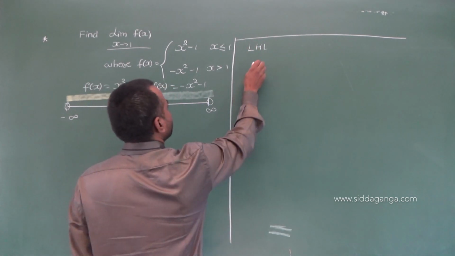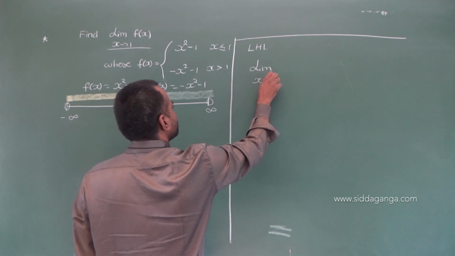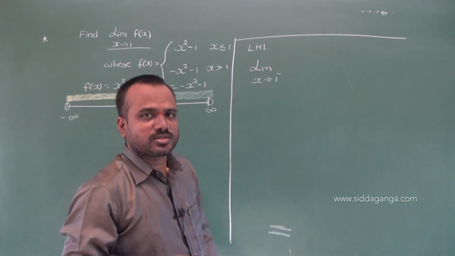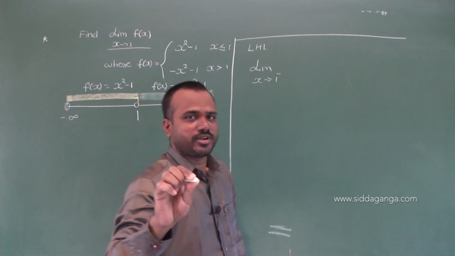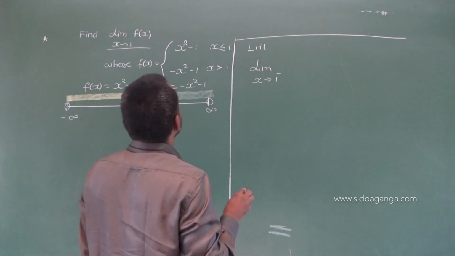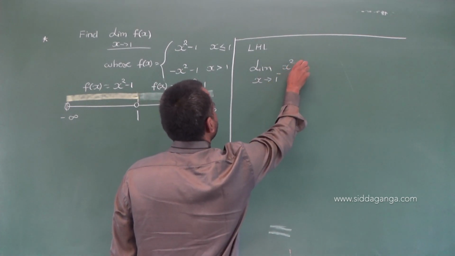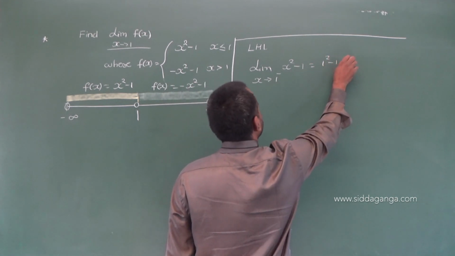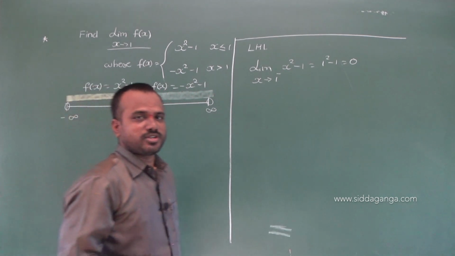Left hand limit: limit x tends to 1 minus. 1 minus indicates we are finding the left hand limit. The function is x square minus 1, so 1 square minus 1. The answer is 0. Got my point? Left hand limit is 0.